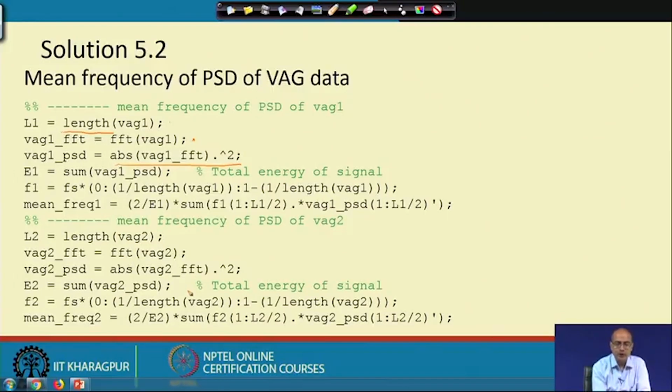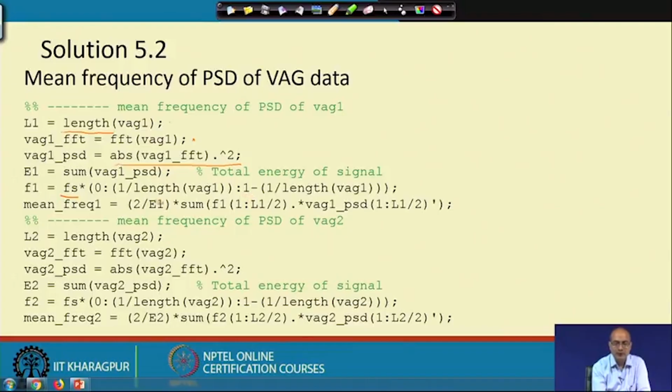First we concentrate on the part that is multiplying with the frequency f s, and here we are taking from 0 to the length of the VAG, that is 1 minus the total length would be 1.